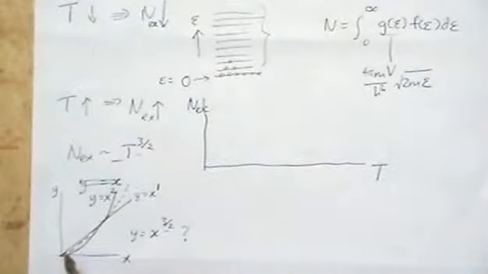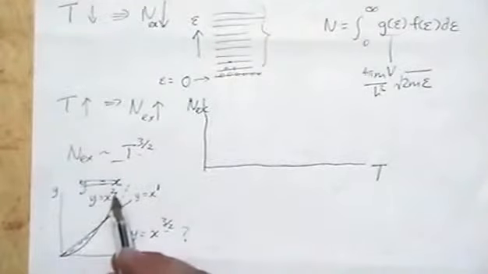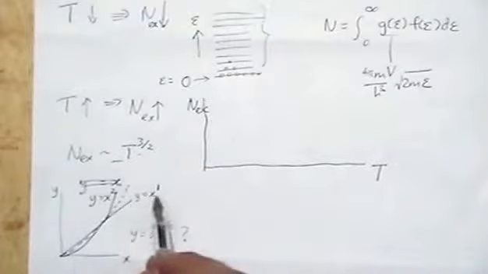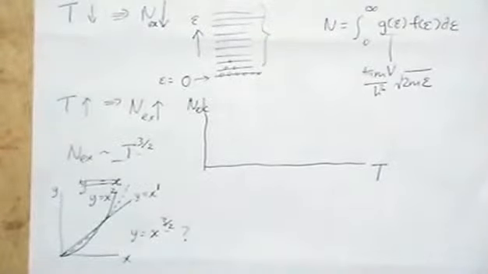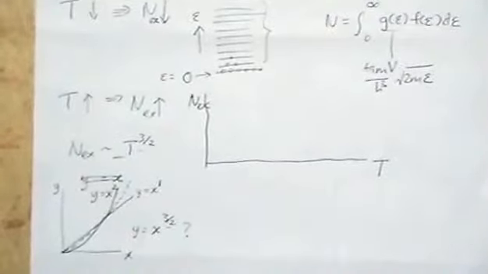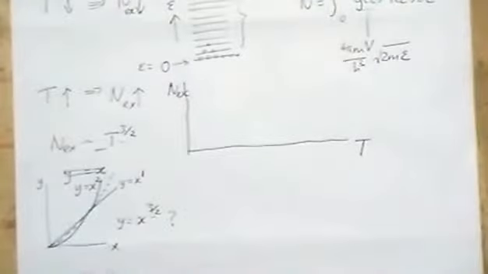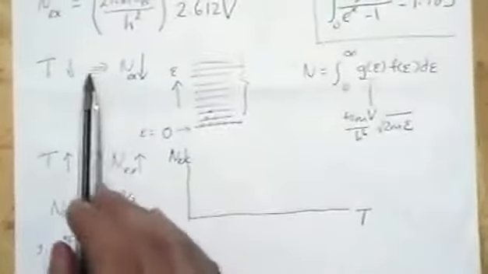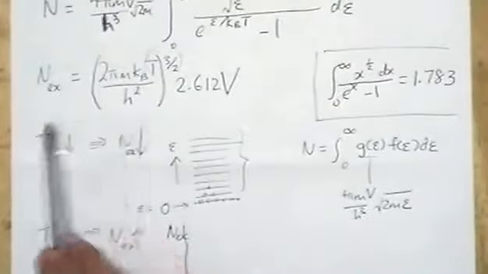It would be a little bit less curved than x squared, but a little bit more curved than x. So that's what we are looking at. And therefore, this tells us the shape of the curve for this equation.